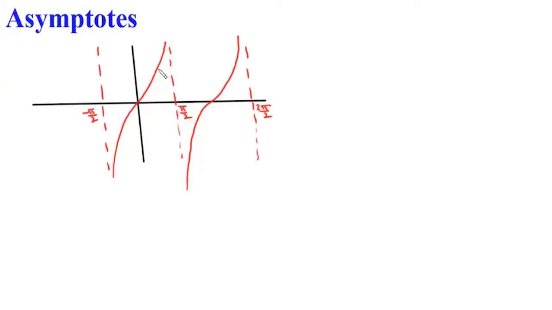Now basically, this curve and this line are getting closer to each other, but they'll never intersect, and this line is never going to cross this curve, and loosely speaking, they'll intersect at infinite. So this line is an asymptote. So this is the case of y equals tan x.